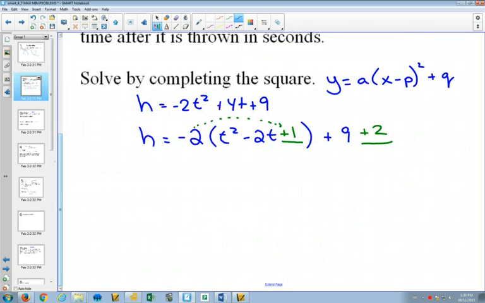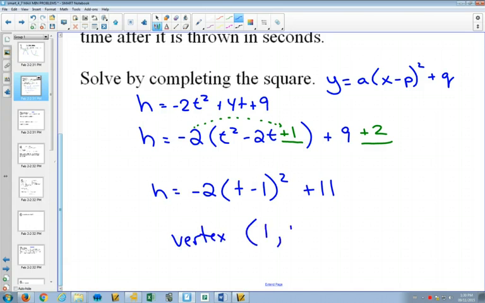And now we've changed it to the standard form. And our vertex is (1, 11). So what does that mean in the context of this question?